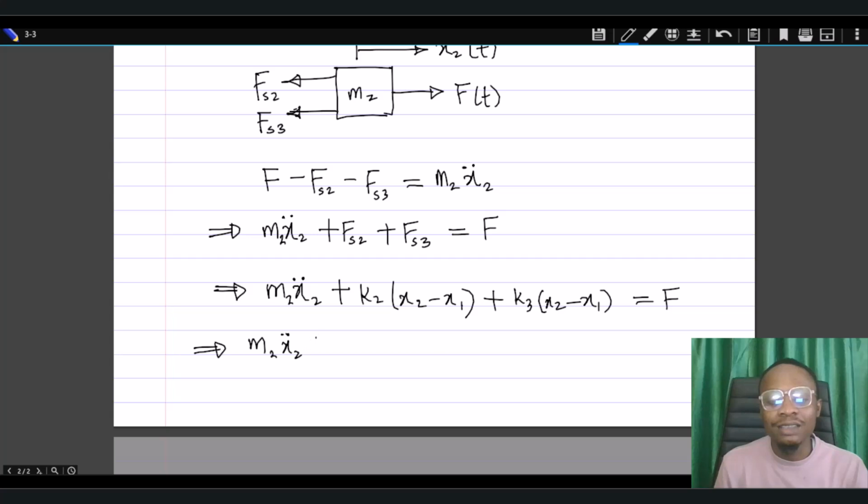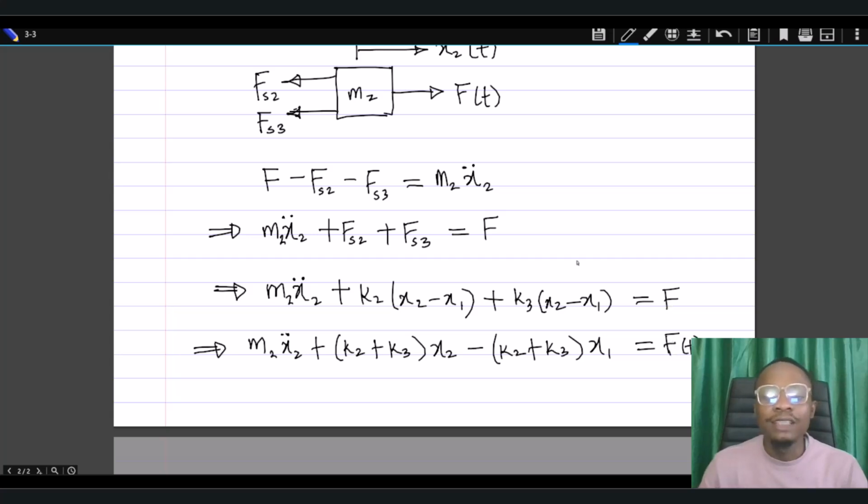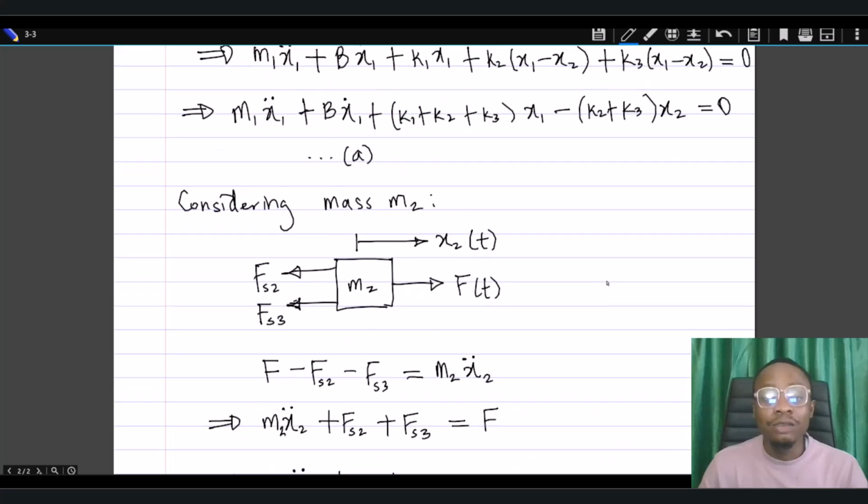So we can say this is going to be plus k2 plus k3 multiplying x2. Then we have this to be negative k2x1. So this will be negative k2 plus k3 into x1, and that is equal to f. Okay, we can say f of t as given up there. All right, and that is our second equation.